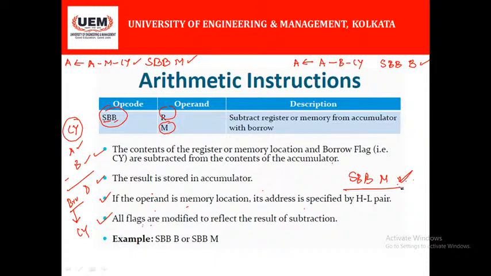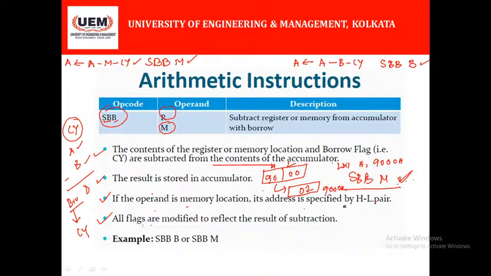But what is the value of the memory location? To represent that, we require the LXI H instruction. Say LXI H 9000H. That means the value of the HL register pair is 9000. Now we go to 9000 location, and the data value stored there is suppose 01.